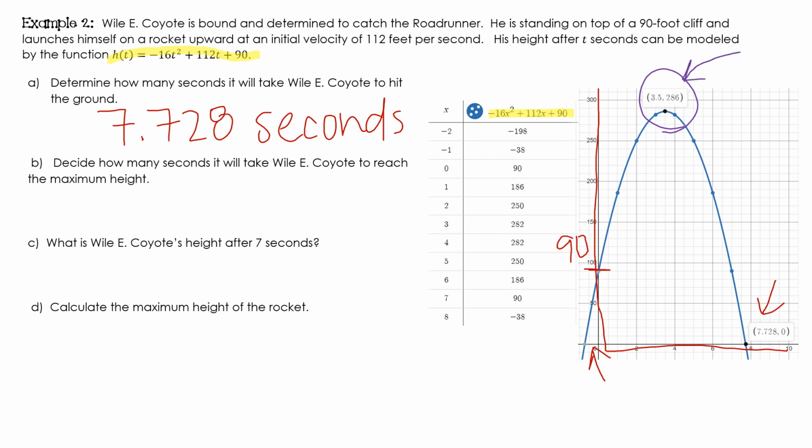It's important to remember that the x coordinate is the time, and the output or the y coordinate is going to represent the height. So be careful with this question and that you're reading it correctly. It says how many seconds will it take him to reach the maximum height? So that would be 3.5 seconds.